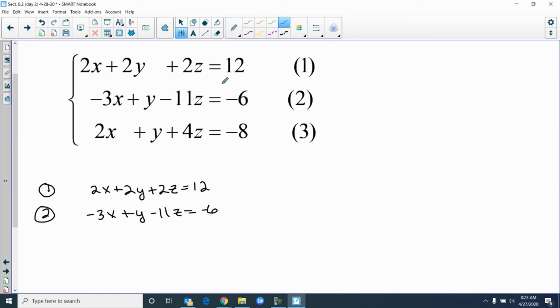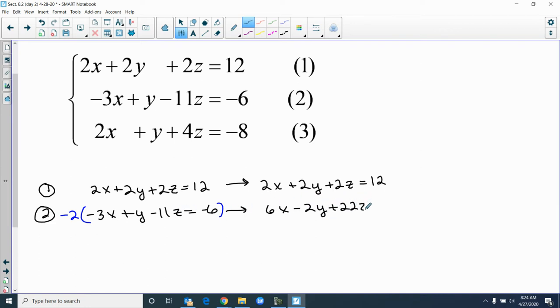All right, for this to work, I need to multiply equation 2 by negative 2. First one will stay the same. Second one now is positive 6x minus 2y, positive 22z, and then negative 2 times negative 6 is positive 12.